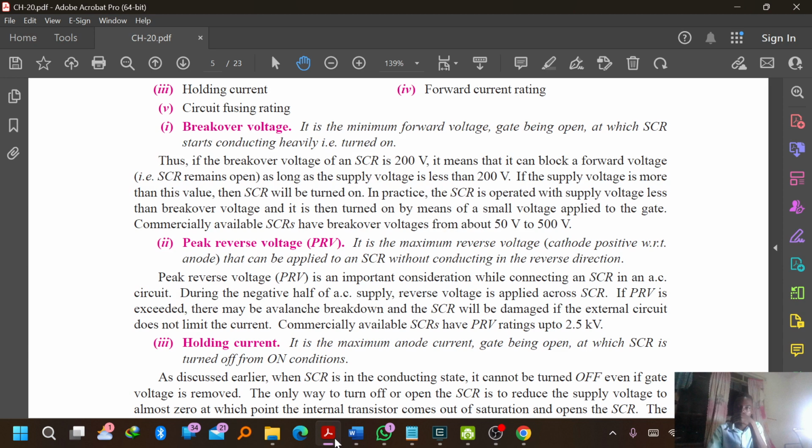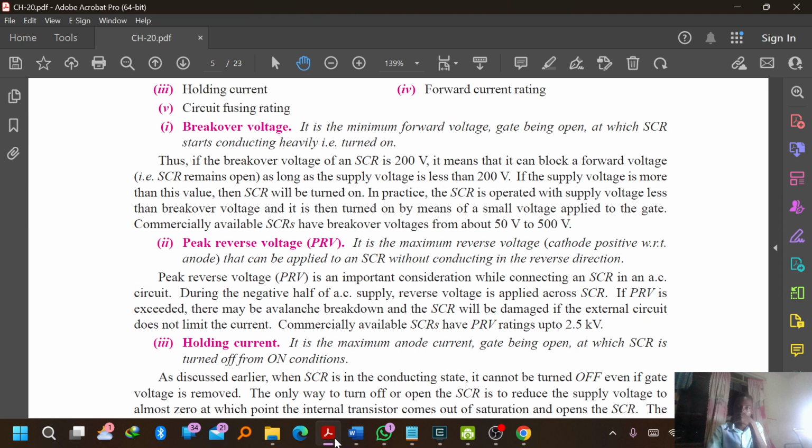So, for example, the breakover voltage, we said, is the minimum forward voltage, gate being open, at which the SCR starts conducting. That one there, I had given it to you. So I was trying to define the peak reverse voltage and also talk about the holding current.